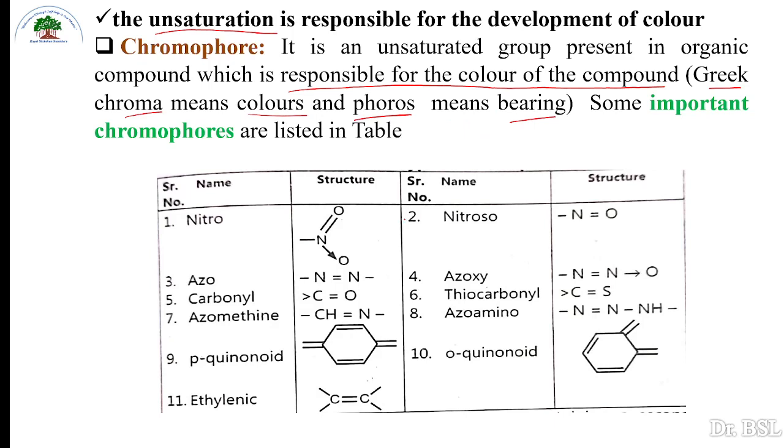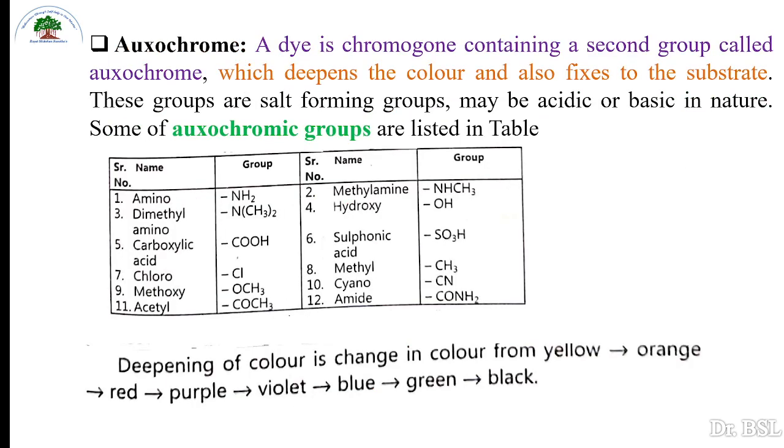Some important chromophores are nitro, azo, carbonyl, azomethine, paraquinoid, ethylenic, nitroso, azoxy, thiocarbonyl, azoamino, and orthoquinoid. These are some of the important chromophores that are responsible for the colors of those compounds.